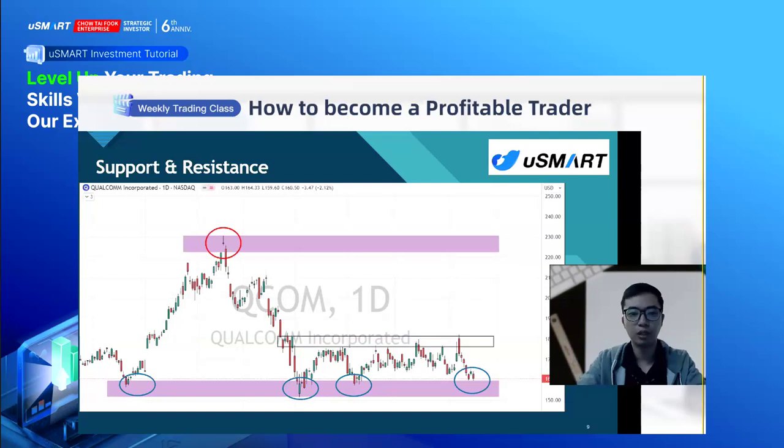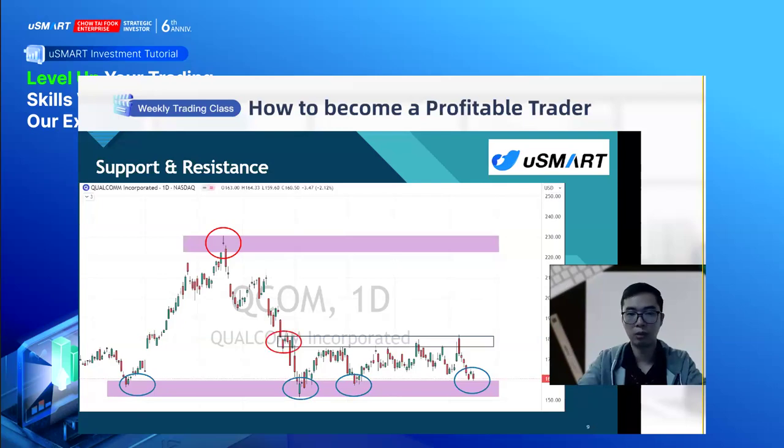So for support and resistance, we can plot at the high and at the low of the stock price, and actually there's also a smaller time frame support and resistance. So from here, you can see that there's a smaller support and resistance in between the prices.